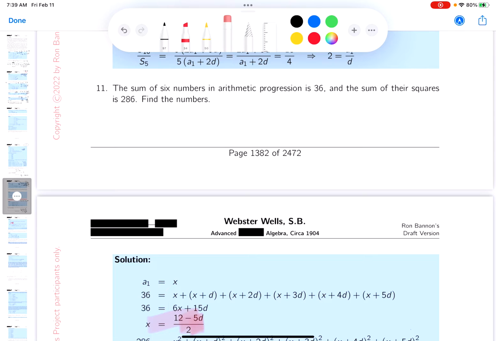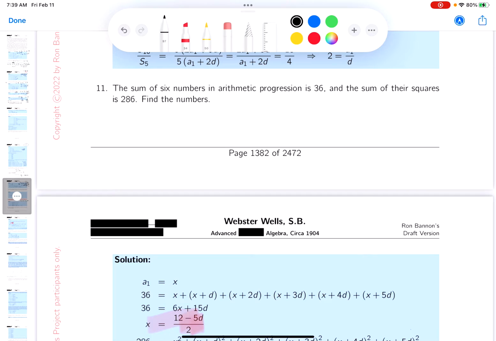And the story goes on to say, and the sum of their squares is 286. A little more difficult. So if I were to write that down, the sum of the squares, 286, would be x squared plus x plus d squared plus x plus 2d squared plus x plus 3d squared plus x plus 4d squared. You know what? I'm jamming it, that's not looking good.